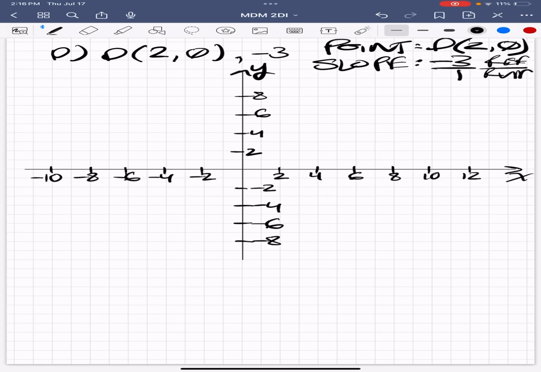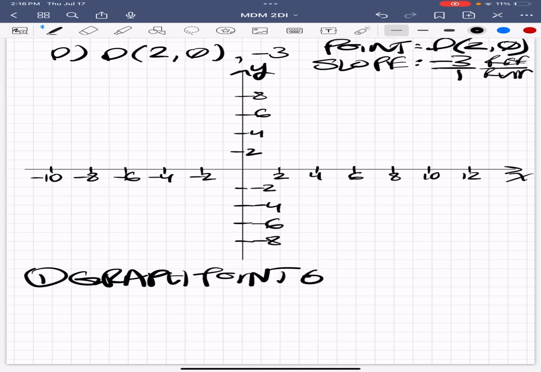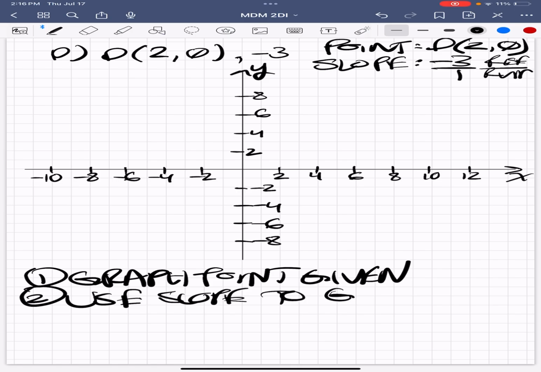So we graph the point given first. We use the slope to graph the line.